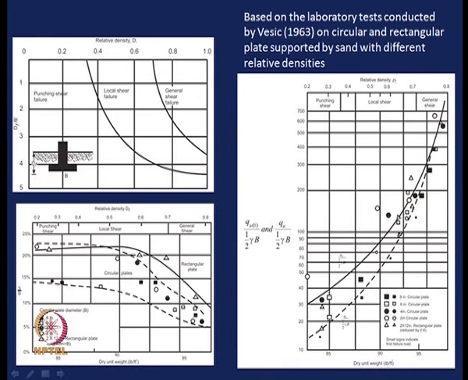Based on the laboratory tests conducted by Vesic in 1963 on circular and rectangular plates supported by sand with various relative densities, he proposed zones of these different shear failures. On this side the axis is Qu by half gamma B, where gamma is the unit weight of the soil and B is the width of the plate.